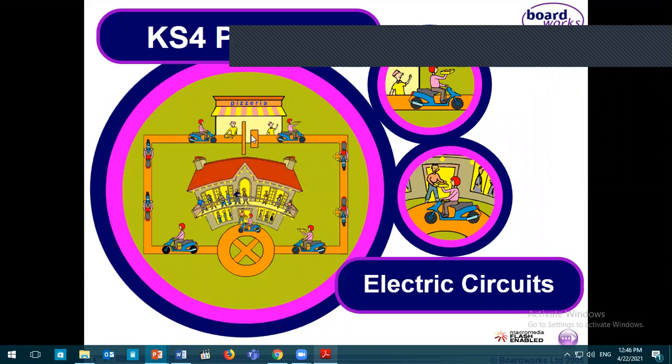I want you to imagine this man on a motorcycle as the electricity, all the electric charges. As he moves through the circuit, it's like the current electricity moving through the circuit.